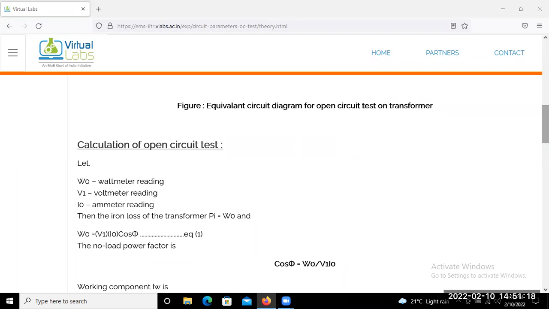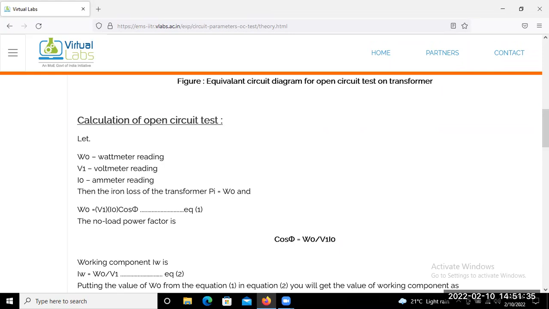Already explained that this no load current consists of two components: one is the core loss component, another is the magnetizing component, XM. Do you remember the phasor diagram for the no load of the transformer? Anyone?